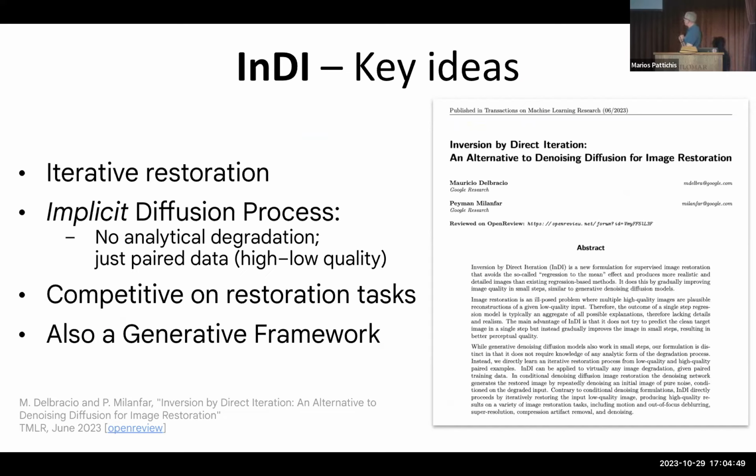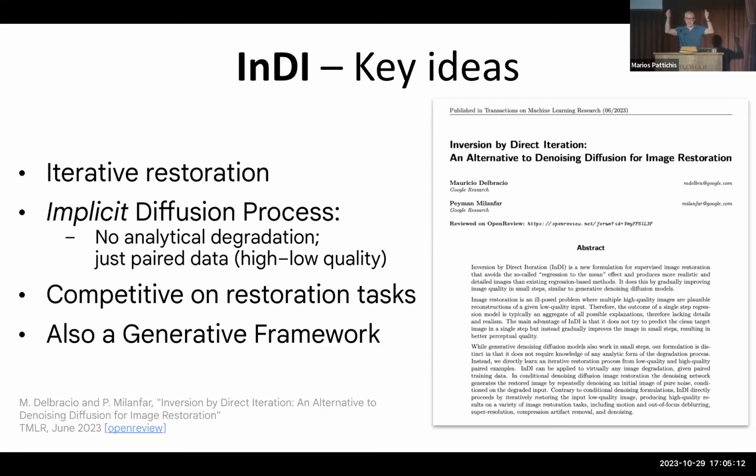This was published, I think, in June in Transactions on Machine Learning Research. It describes not just generative modeling, but inverse problems in these terms. You can think of it as an implicit diffusion process. There's no analytical degradation. For those of you who solve inverse problems, we don't have a forward model.